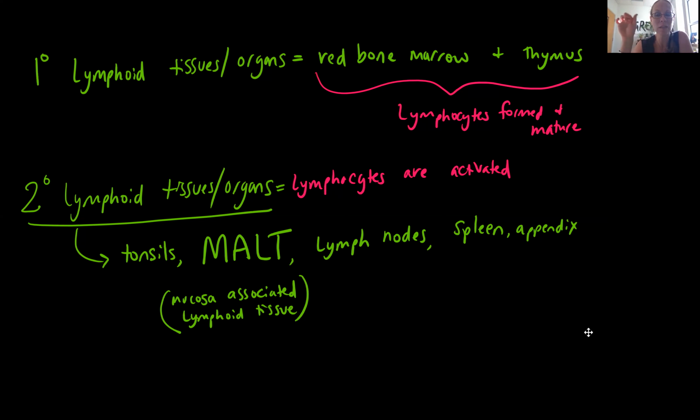The tonsils and the appendix are actually part of the MALT. So this is not really a fancy structure, but it is the thing doing the big job here in the lymphatic system. We also see lymph nodes and the spleen described as important secondary organs.